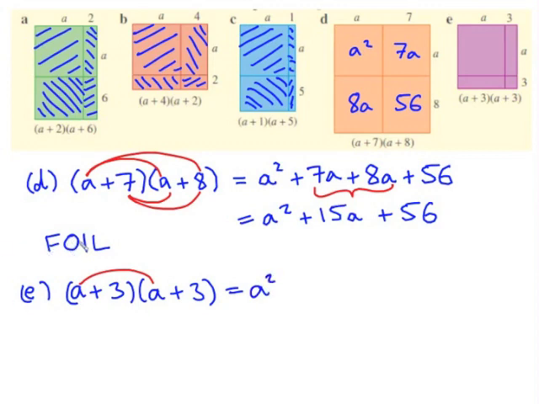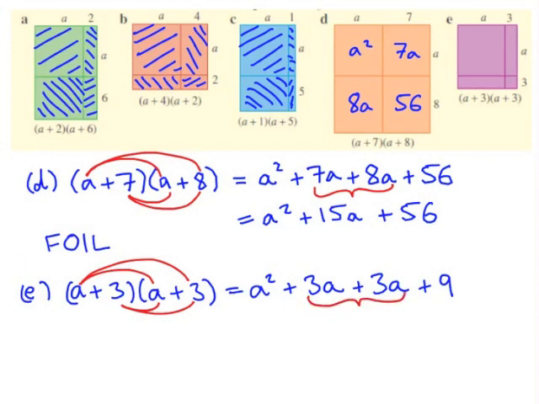We multiply the outside terms, A times 3, then inside to get another plus 3A, and then the last terms in each bracket to get 3 times 3, which is 9. And then, as usual, we collect the like terms to simplify this as A squared plus 6A plus 9.